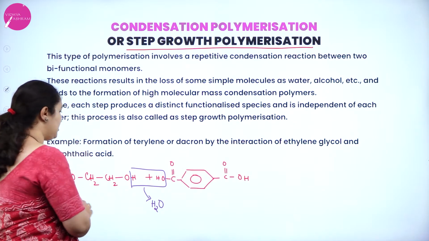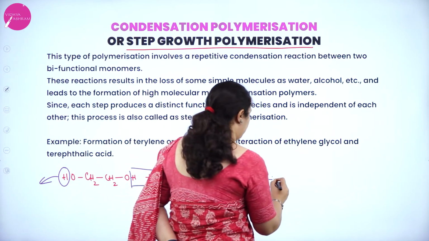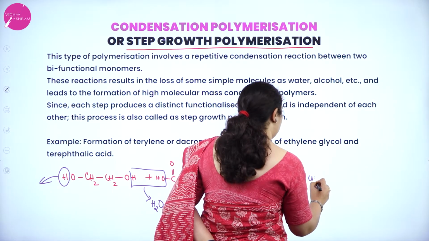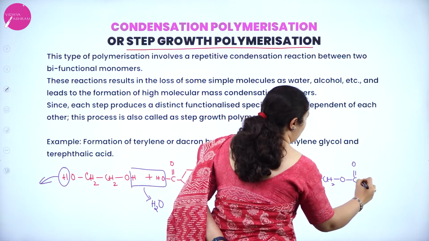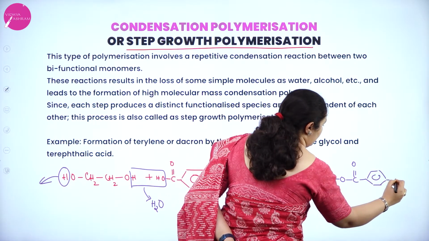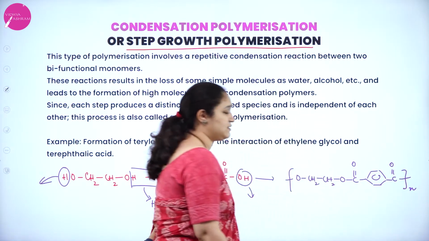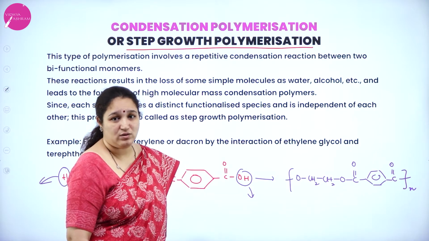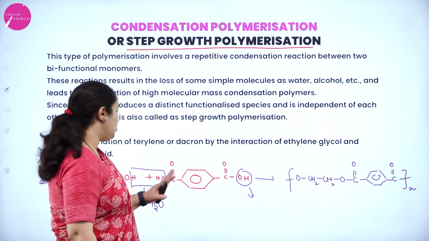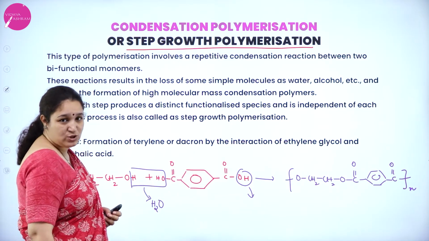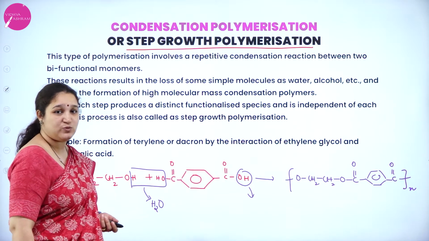Similarly, from here also H can be removed and from here OH is removed to give the product O, CH2, CH2, O, C double bond O, C double bond O, n number of times, and this is called dacron. Here you can see there's a removal of small molecules, two functional groups, COOH group and OH group, which are reacting, and if you see the mechanism, it is step growth polymerization which will occur.